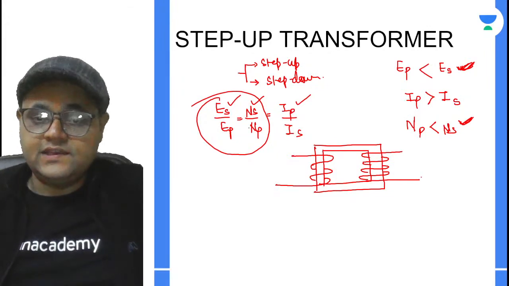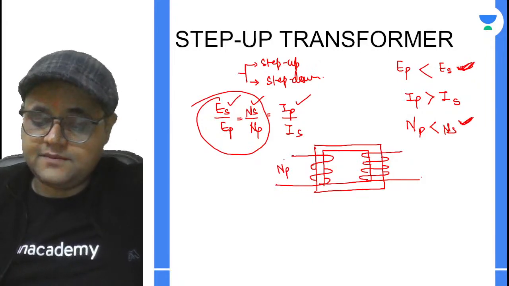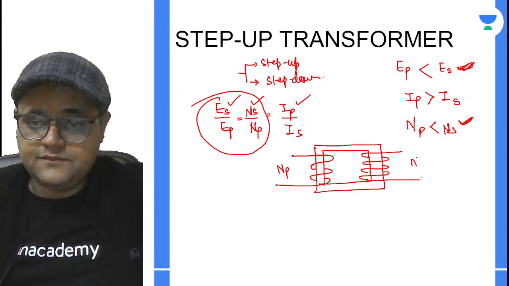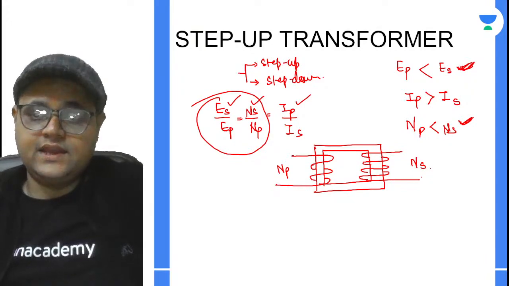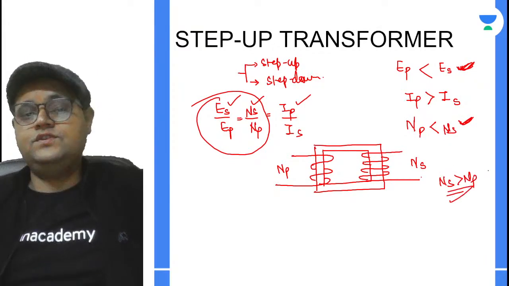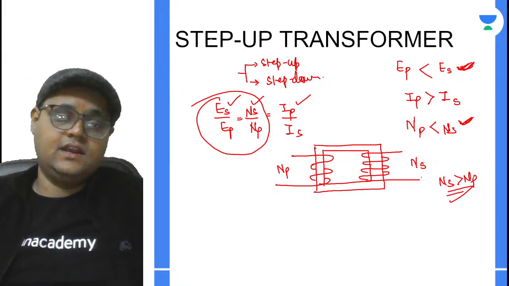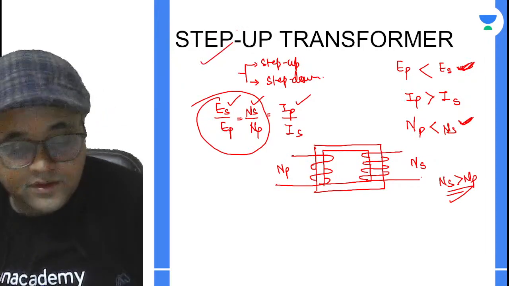What you have to see is the number of turns. This is the primary side with the number of turns NP. This is the secondary side with the number of turns NS. You can clearly see that NS is greater than NP, and as soon as you see that NS is greater than NP, you have to conclude that it is a step up transformer, right?